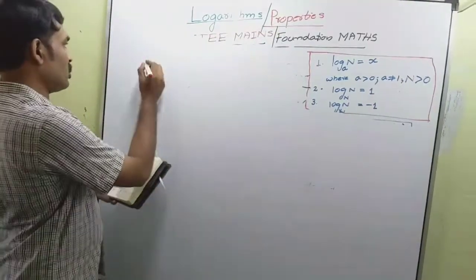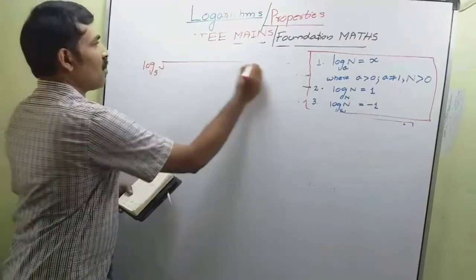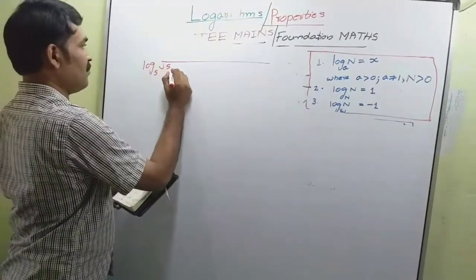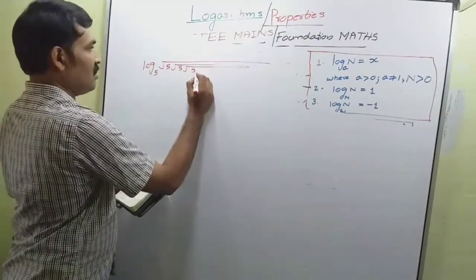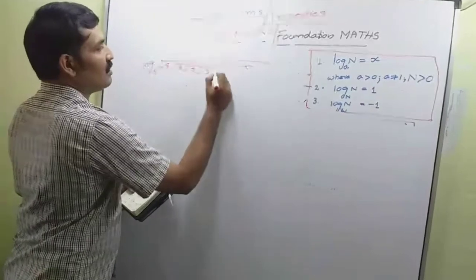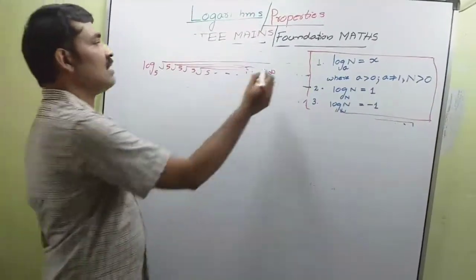Now consider the question: log base 5 of square root of 5 square root of 5 square root of 5 square root of 5, and this will go up to infinity. So what is the value?